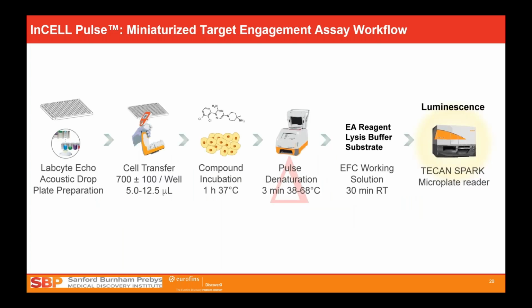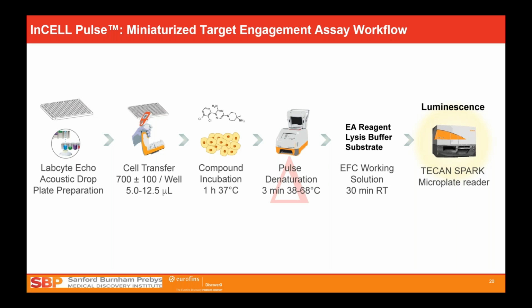So shown here is our workflow. What we were able to take advantage of in my lab was a miniaturized form of the assay that was developed at the Prebys Center at Sanford Burnham Prebys Medical Discovery Institute. So they had actually miniaturized this for us. Also through the Prebys Center, we have access to a liquid handler, the so-called Echo machine. So we're able to put nanoliter volumes of compound onto 384-well plates.